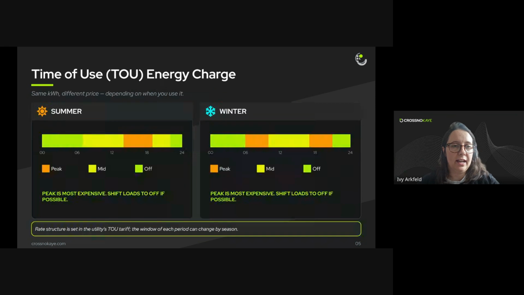One thing that I am going to jump back to, that I didn't mention but meant to mention, is that this applies to energy charges, but it can also apply to demand charges. So depending on your tariff, you might have a time of use energy charge and a time of use demand charge. That's important to note because demand, obviously, we were talking about that max demand being set during a month-long period.